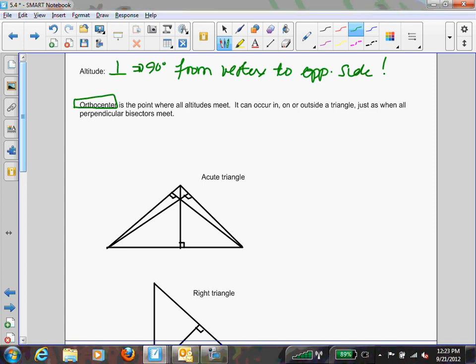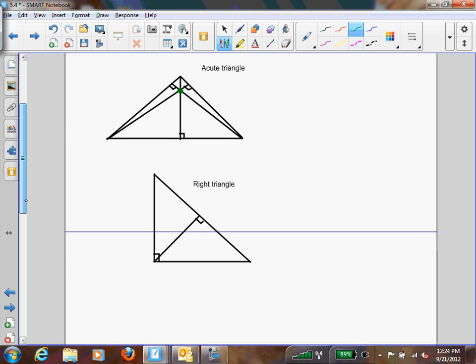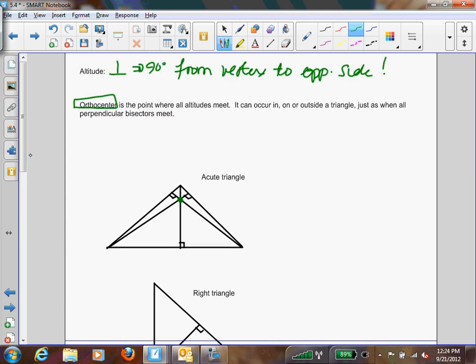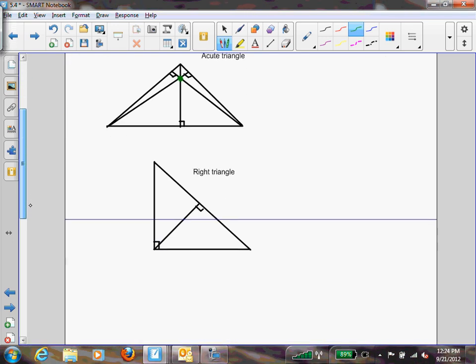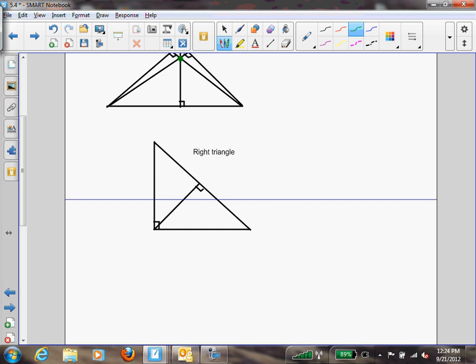Okay, so here in an acute triangle, the orthocenters are all inside. Yes. It's going to be in your note card along with the altitude if you don't already have it. Okay. A right triangle. You've got a right angle here. This segment coming down forms a right angle. This one comes across here, and this one comes down here and forms a right angle.